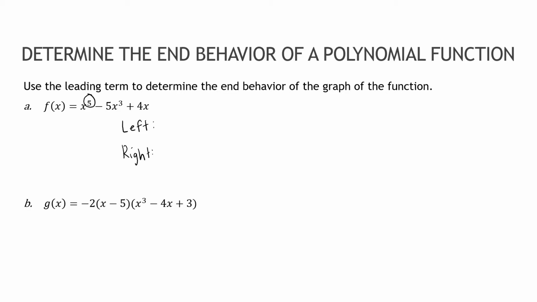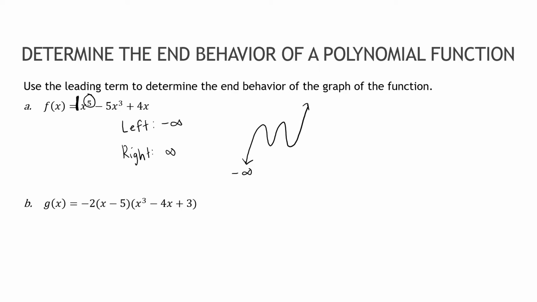And we know a degree of 5 with a positive a value is going to start down, have as many as 4 humps, and go up. So this is probably not what this function looks like, but it's the basic idea. As I go to the left, where's my function going? It's going down forever. As I go to the right, it's going up forever. So that's the end behavior.